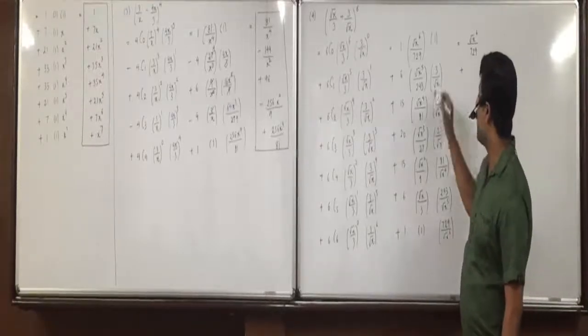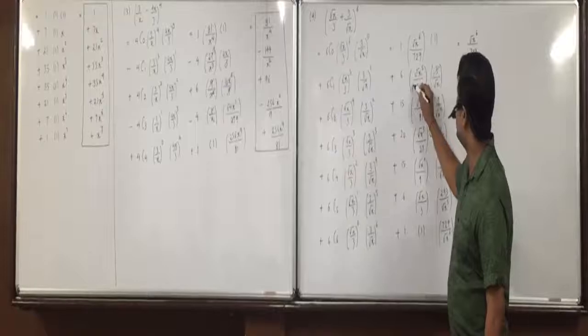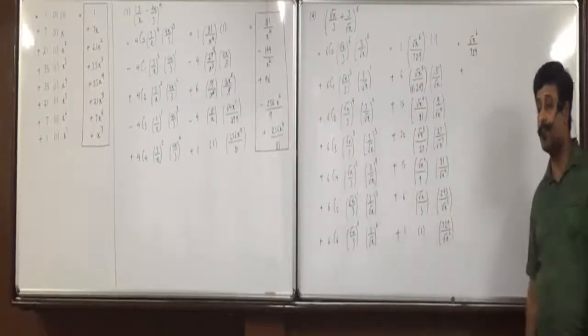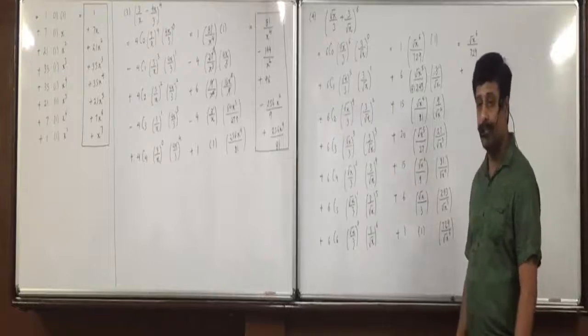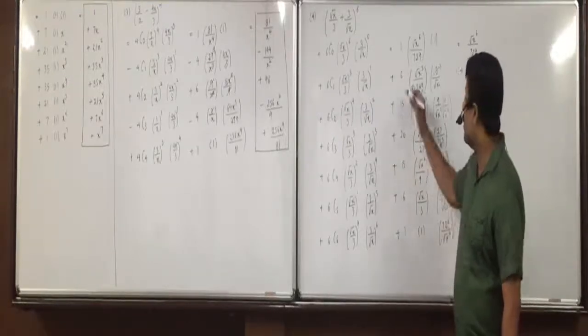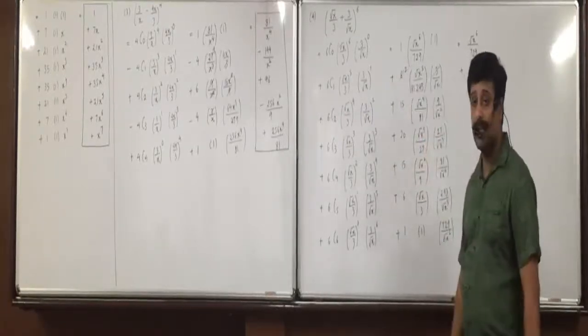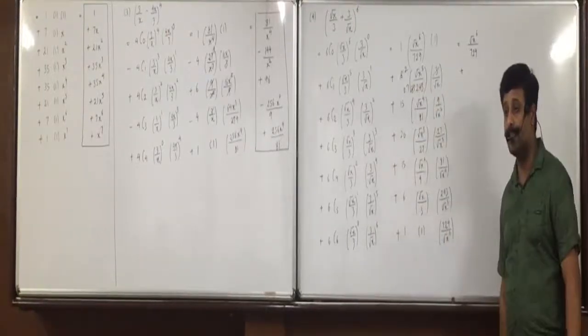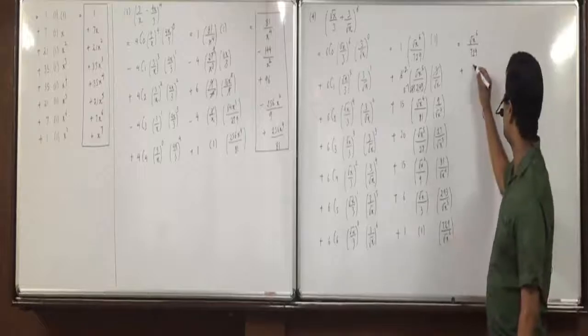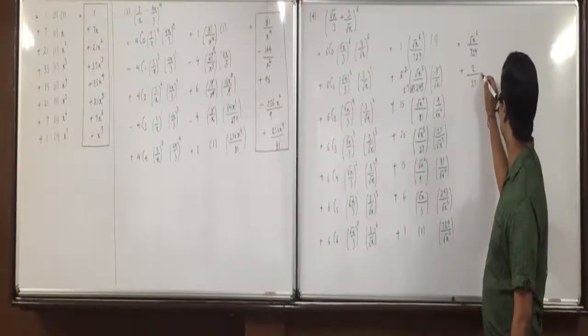See here, 3 into 81 is 243. Do that cancellation. Further, 3 into 2 is 6. 3 into 27 is 81. So 2 by 27.